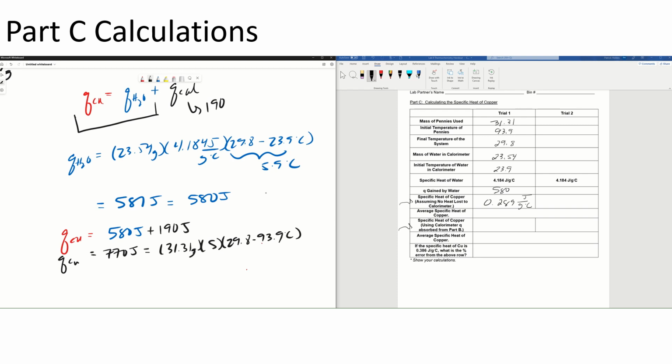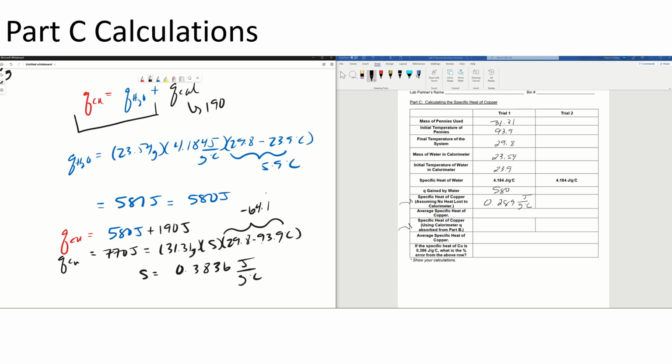So then you have to solve for S here. 29.8 minus 93.9 was negative 64.1. So 770 divided by the product of 31.31 times 64.1 gives us a specific heat of 0.3836 joules per gram degree Celsius.